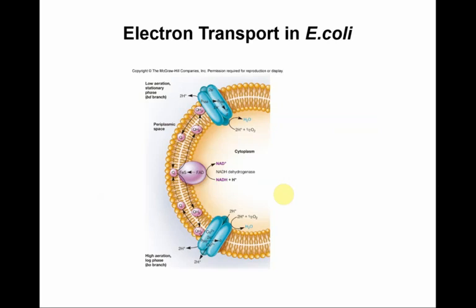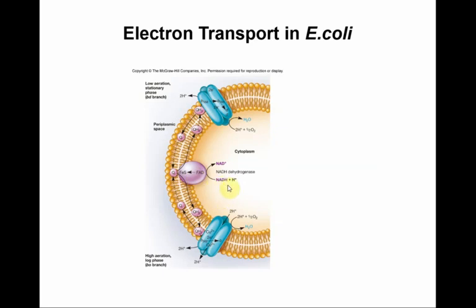Okay, so in E. coli, it's quite a simple process. And there's basically three steps. So after the Krebs cycle, we're not going to go into the Krebs cycle at all. We're going to think about the electron transport chain and ATP production. So after the Krebs cycle, you get a lot of NADH.